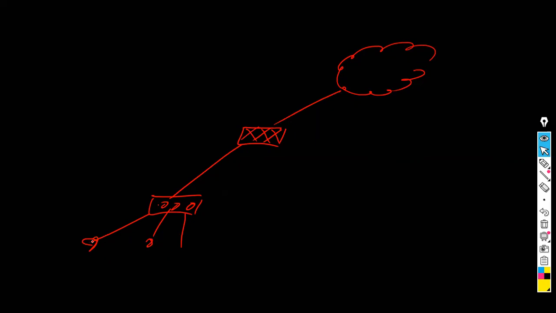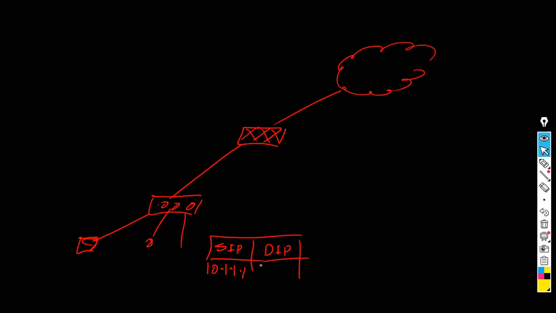So when your device generates a packet, this will have two layers of information, like let's say your source IP address. The source IP address is the device itself, 10.1.1.1. Okay, this is your source IP address. Now it will have a destination IP address, the destination it wants to access.